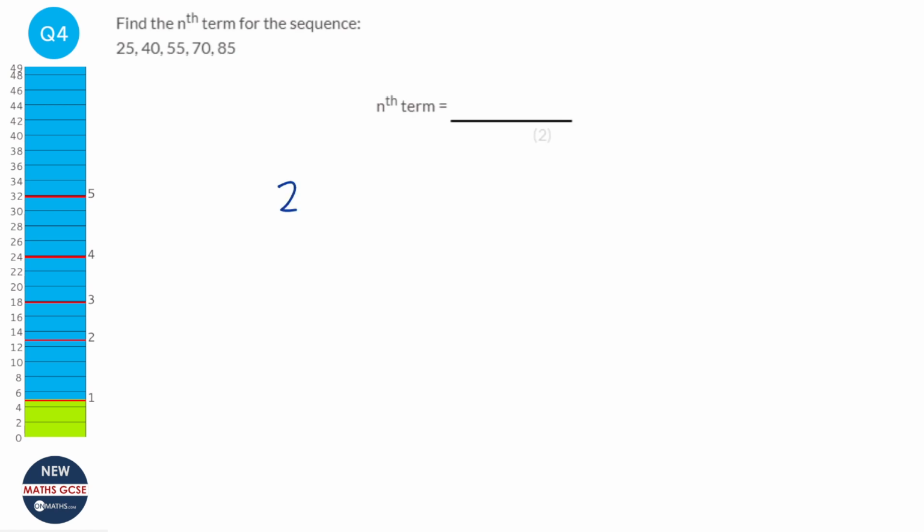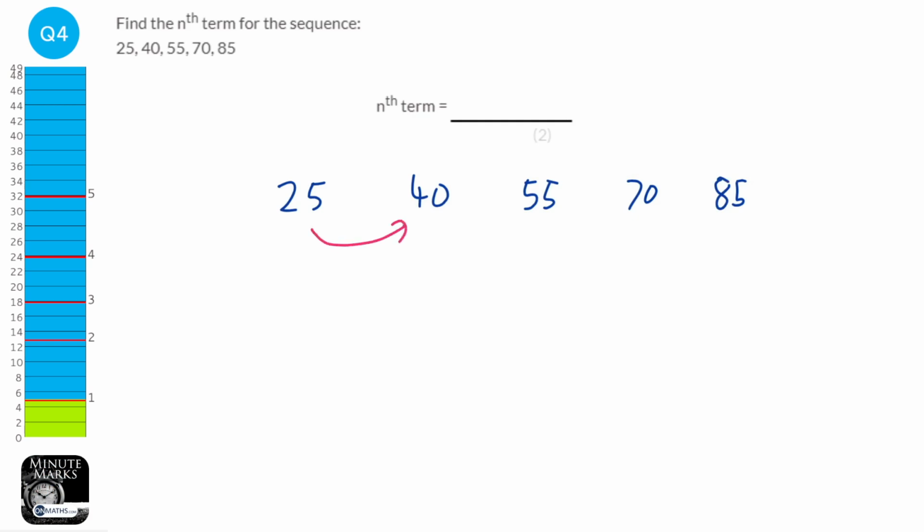So let's just write out this sequence. First thing we're going to do is work out what the sequence is going up in. And we can see here that we're adding 15 each time in our sequence.